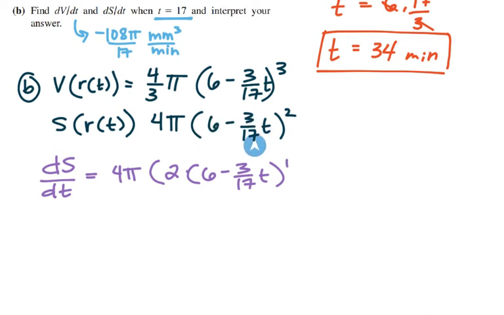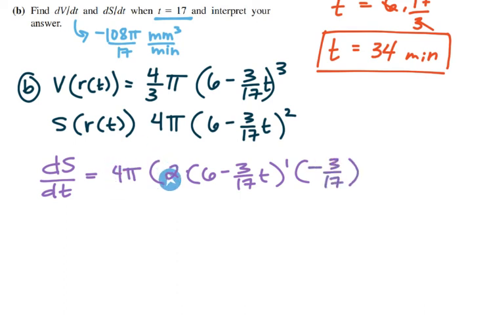And then taking the derivative of just the inside, the derivative of 6 is 0. And the derivative of negative 3 over 17 t is negative 3 over 17, which cleans up to just negative 3 over 17.